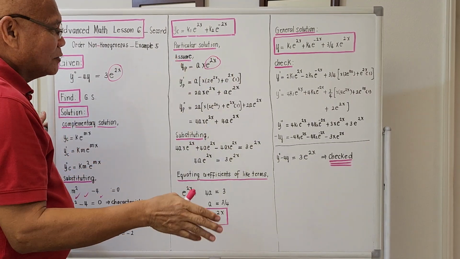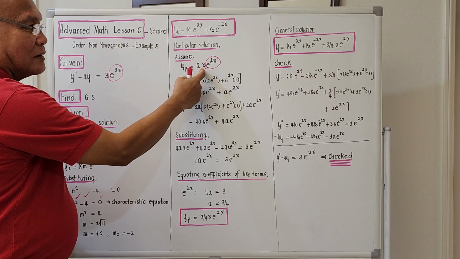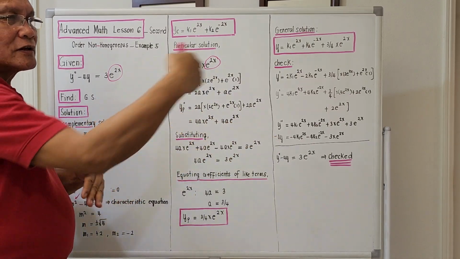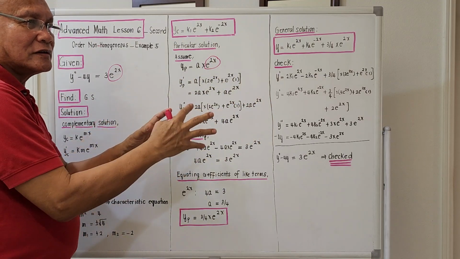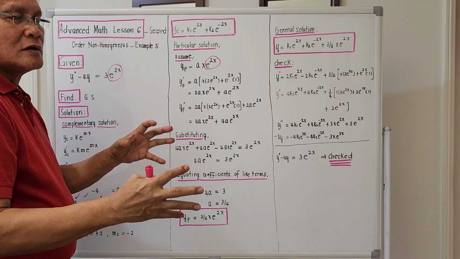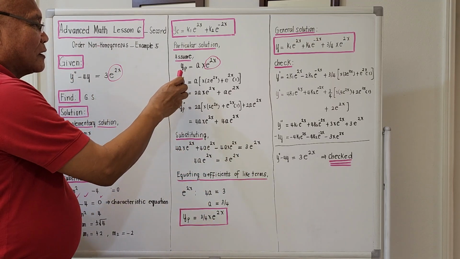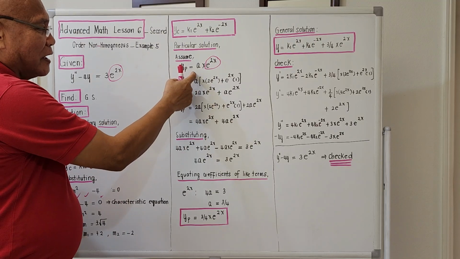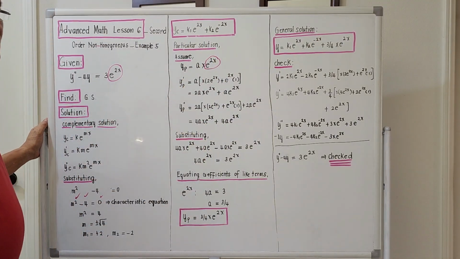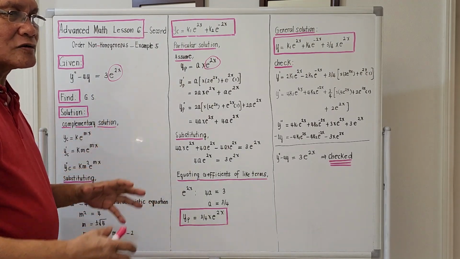But I am telling you that since this is negative, there should be an x over here. It's a trial and error. I have gone to the other solution and I tried it. It will become unrealistic. We could not formulate our equations. So as a second trial, the particular solution should be a times x times e to the 2x. That is our second assumed particular solution.